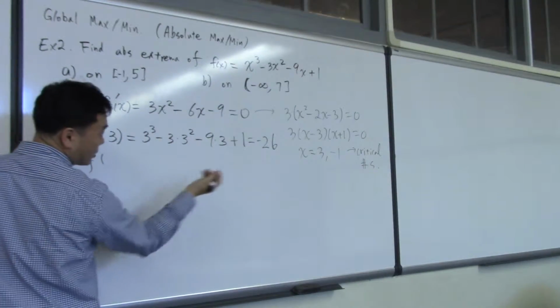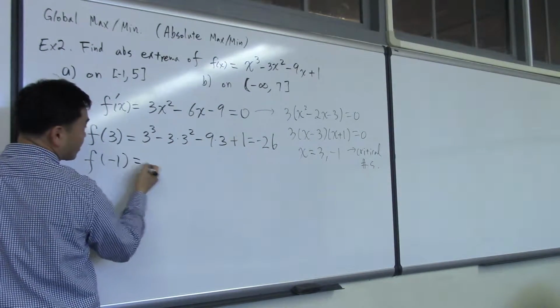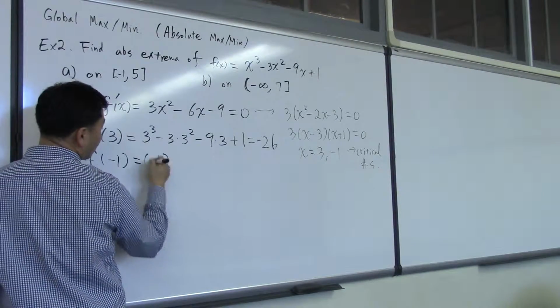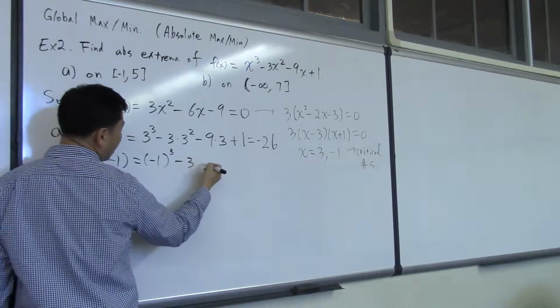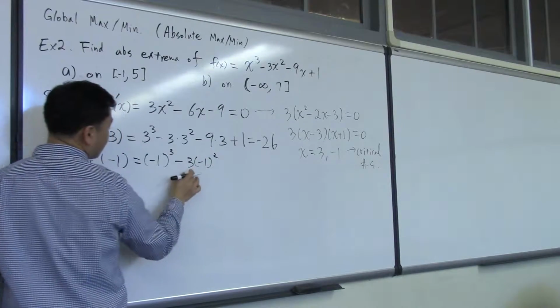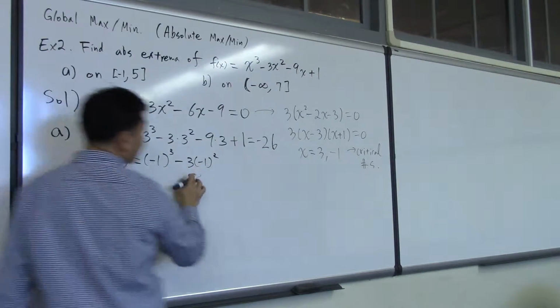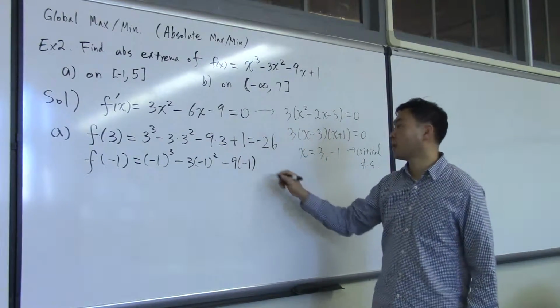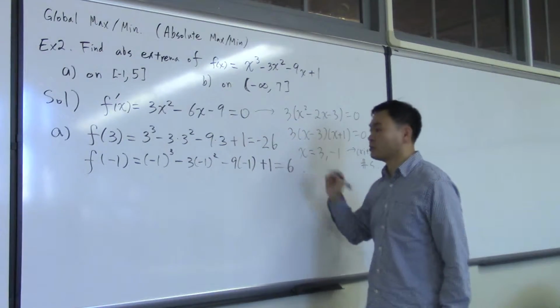F evaluated at negative 1, because that's the other critical number: negative 1 cubed is negative 1, minus 3 times negative 1 squared is negative 3, so negative 4, minus 9 times negative 1 is plus 9, that's 5, plus 1, equal to 6.